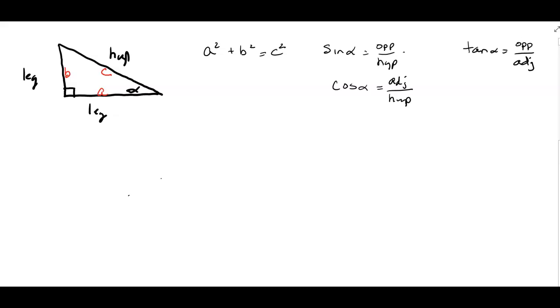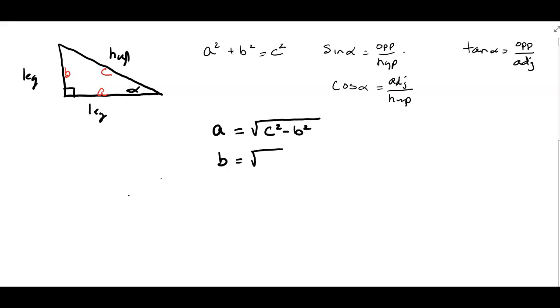The other thing I want you to recognize is what happens when one of these A, B, Cs is an unknown. So let's suppose we needed to find A. Well, A will be equal to, take a look at your Pythagorean theorem, the square root of C squared minus B squared.